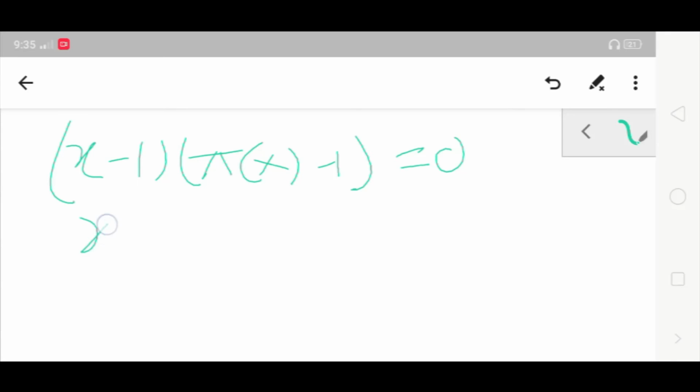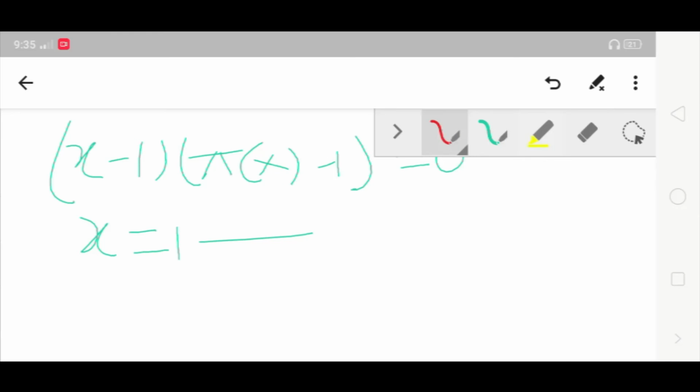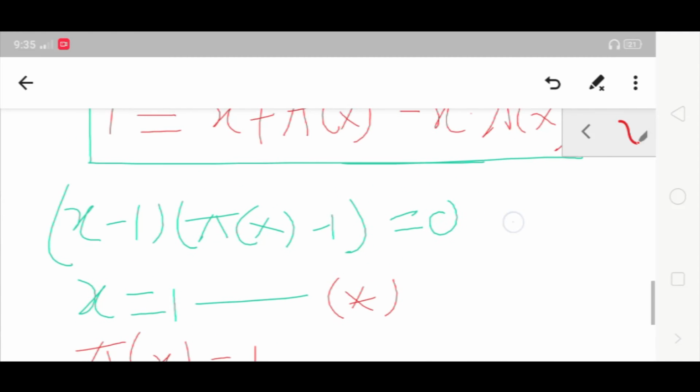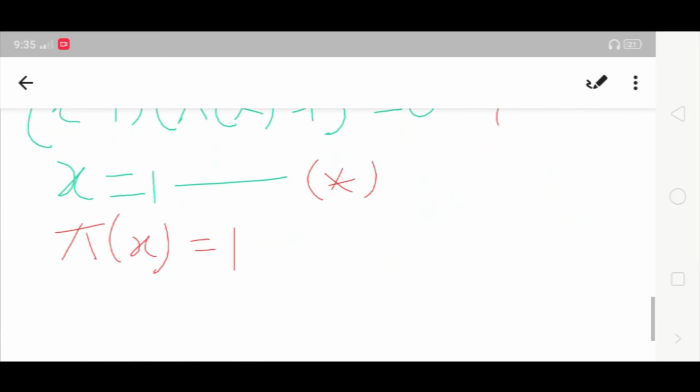Condition 1: x equals 1, let's call it star, and either this is true or this is true. Both cannot be true, because if both are true then their difference will be 0, but we have previously mentioned that our difference will be 1.